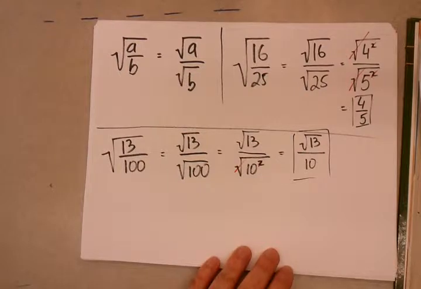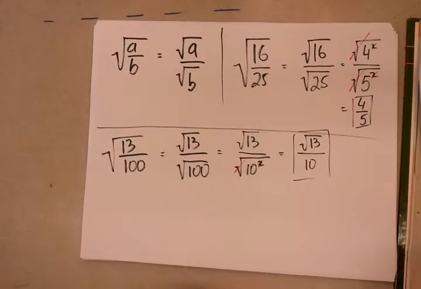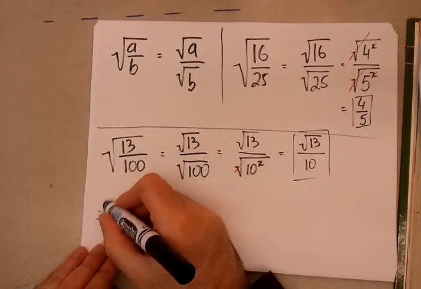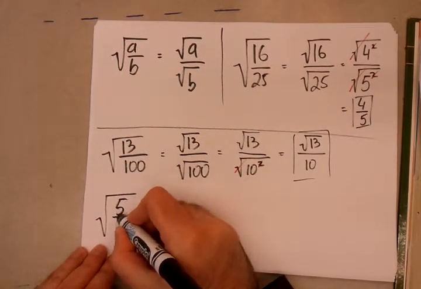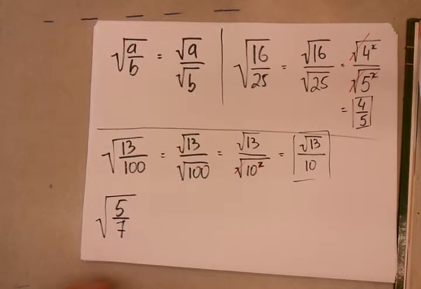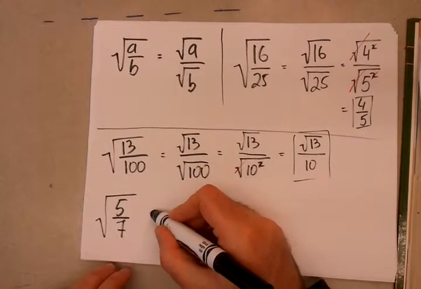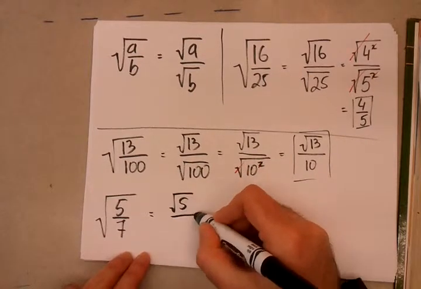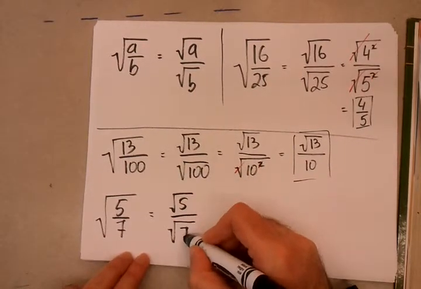Now what if we had a problem like this? What if I told you to deal with the square root of 5 over 7? Now it's a fraction underneath a square root. Just like before, you are going to separate them out so you no longer have a fraction underneath the square root.